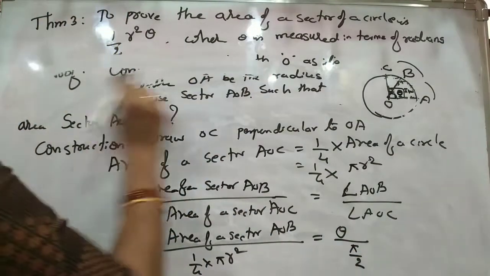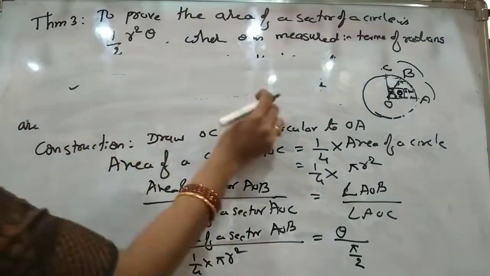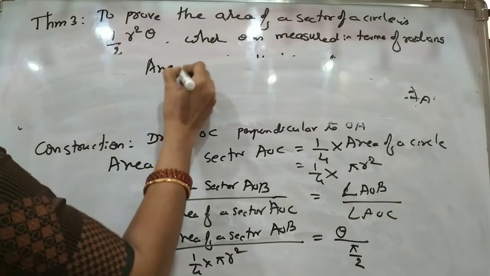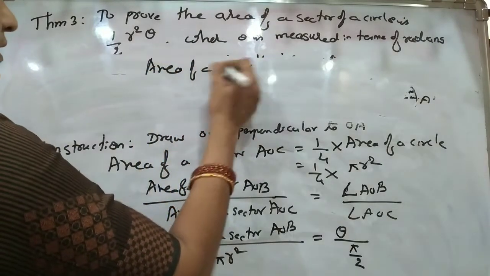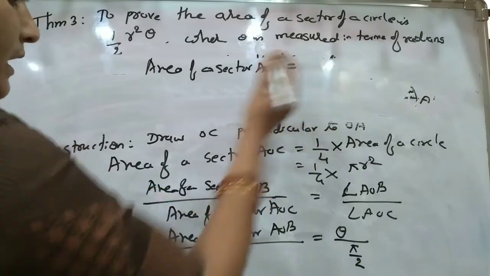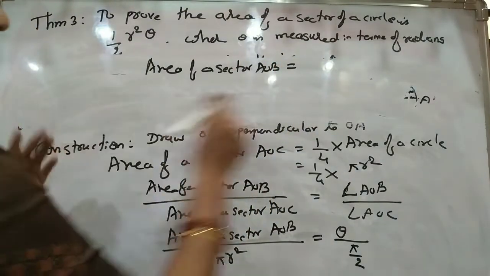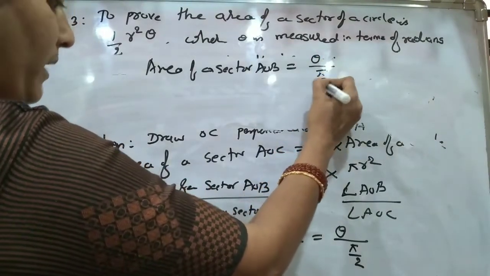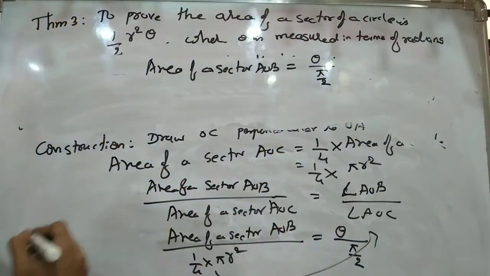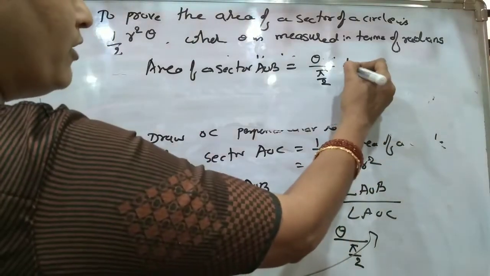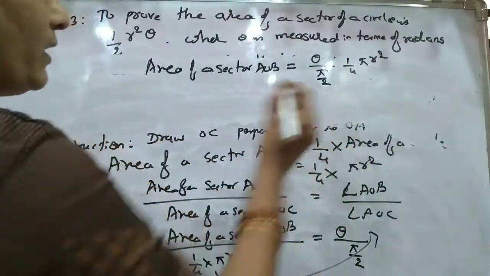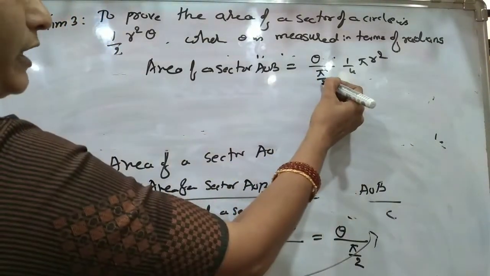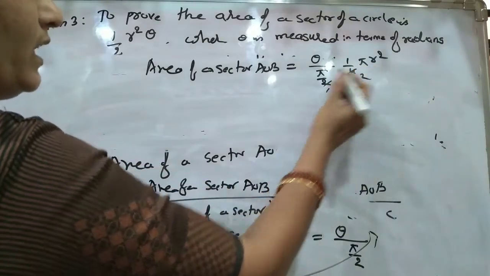Now, I write here, area of sector AOB is equal to theta divided by pi by 2, times, taking this to the right hand side, 1/4 into pi r square. Now, cancel the common terms. This 2 is in the denominator, it cancels with the 4, 2 ones are 2, 2 twos are 4.